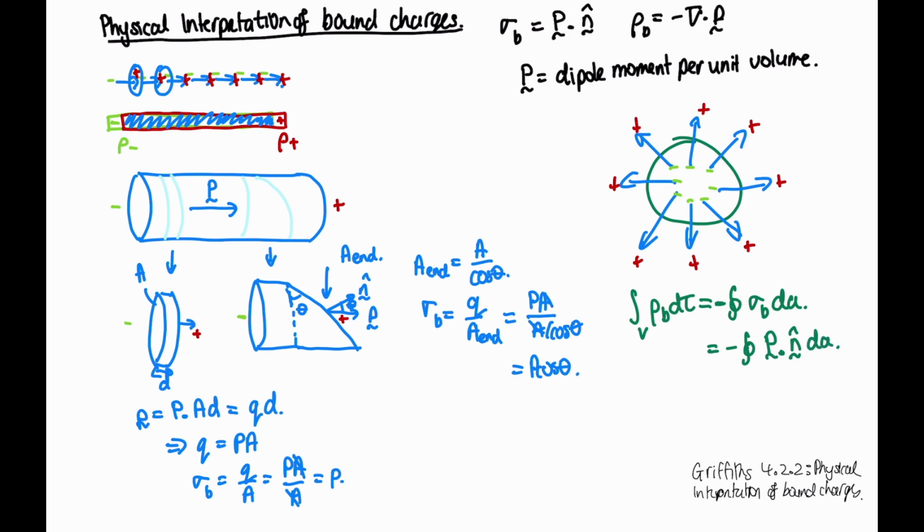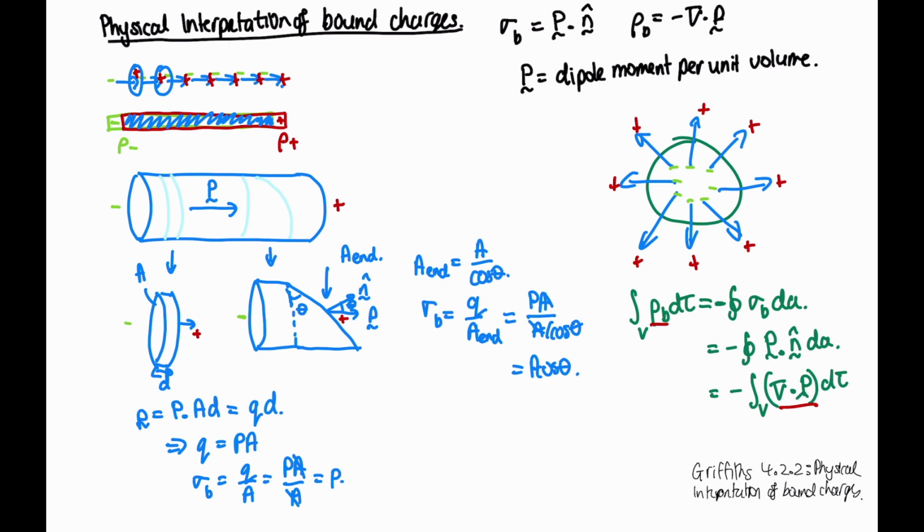And now what we can use is the divergence theorem, which lets us go back from a surface integral to a volume integral. So this is equal to minus the volume integral of the divergence of P d tau. And now what you can see is that this is equivalent to this thing here.